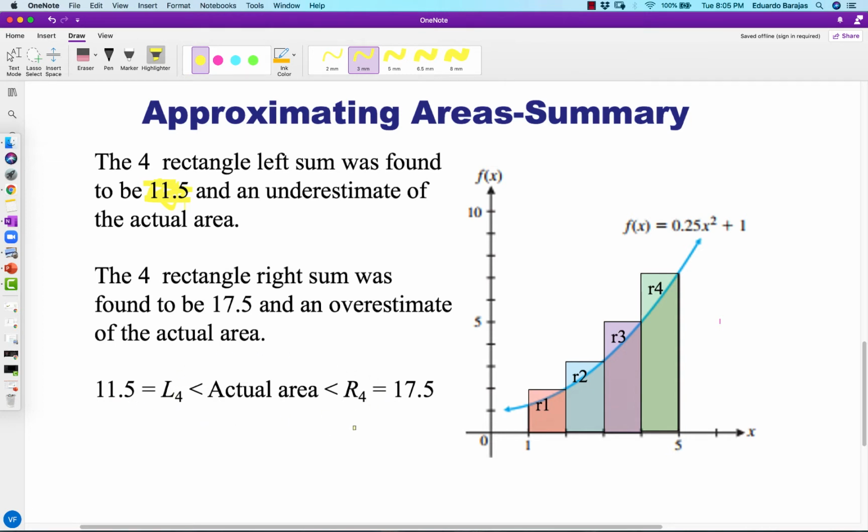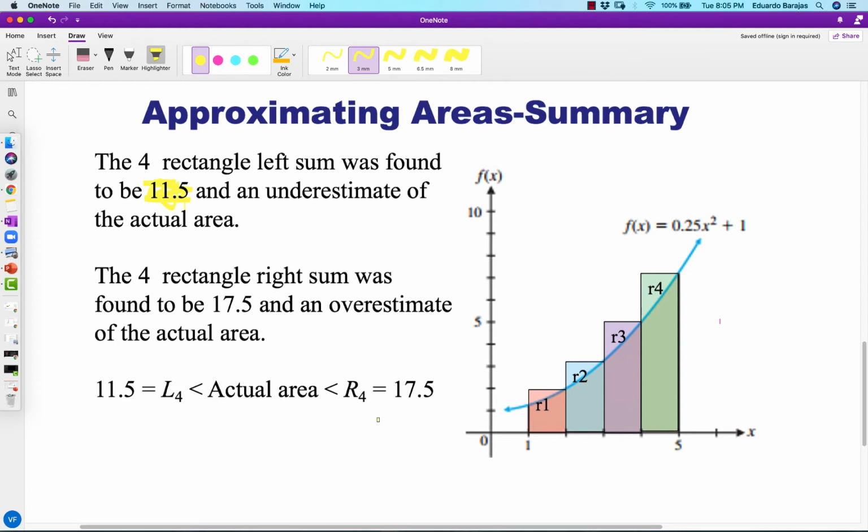So we have an estimate for the actual area based on L4 and R4. Well, it's better than nothing, but that's still not a very great estimate. There's a whole lot of room there between 11.5 and 17.5.